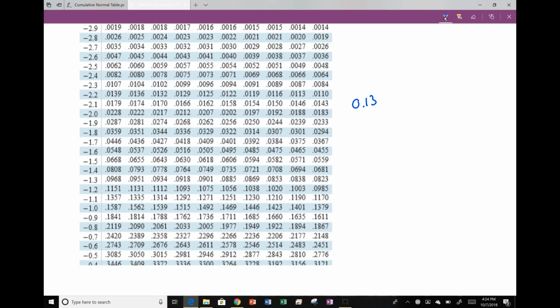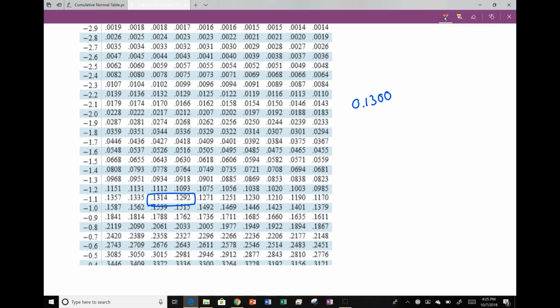So if I'm coming down here through here, 0.0, 0.1, okay, here's 1, 1, and 1, 3. Here's where it changes from 0.13 something to 0.12 something. So I know it's in between here. I can't find 0.13 exactly. So whenever I find this right here, what I need to do is say, which one of these is closer to exactly 0.13? And if I want to, I can add the two zeros.